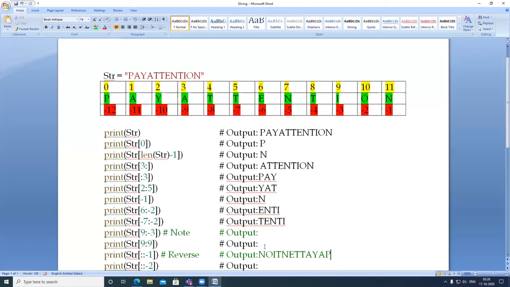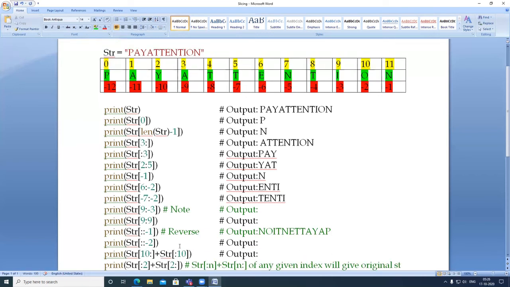Pay attention, it will be reversed and the reverse will be visible. If I give colon colon minus 2 now, it starts with the last location, minus 1.